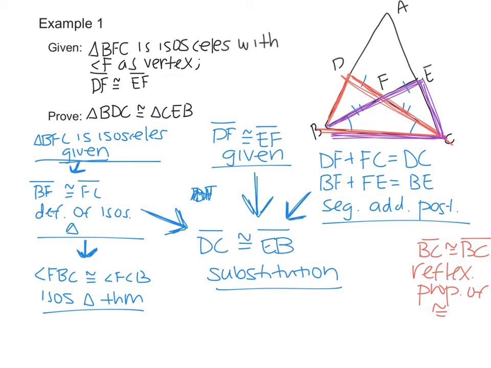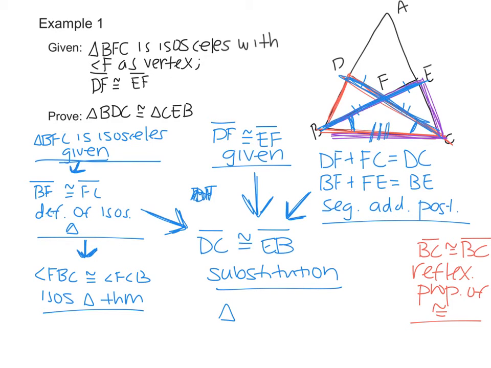Okay? So we know that this is congruent to itself. This thing here is congruent to this one here. Okay, we have an angle right here on both of them, and then we have this piece on the bottom.